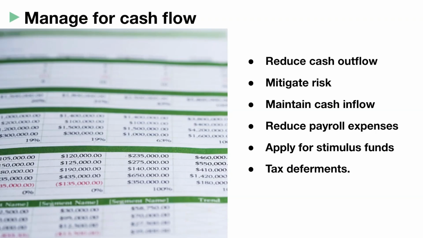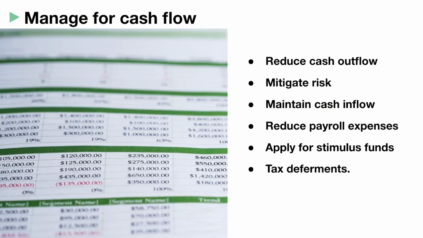It's therefore extremely important to have clear visibility on financial data as well as financial planning and forecasting for disasters and recovery. Have a separate account for cash flow and put away what you can each month. Some top tips include reducing cash outflow.